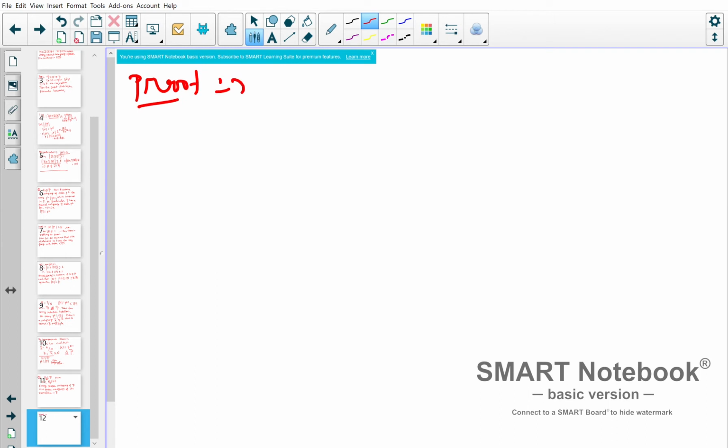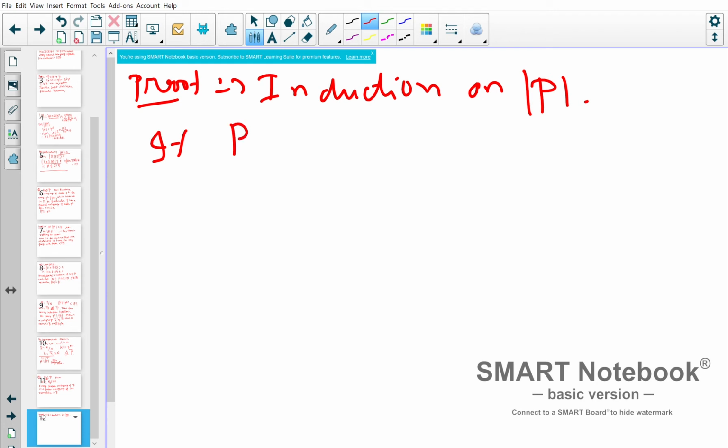Again, we will use induction on the order of the group. So what happens if the order of P equals p or p squared?